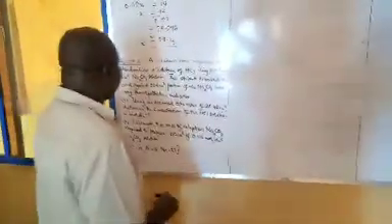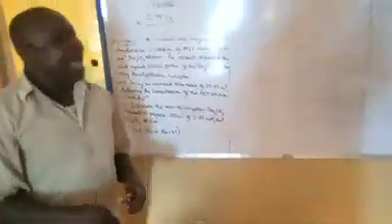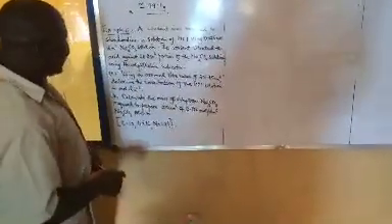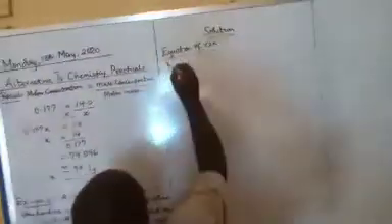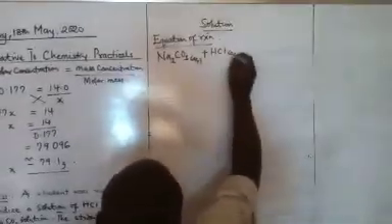So we need the ability to bring out the base and the acid that are reacting in the question. Here we have a base, Na2CO3, reacting with hydrochloric acid, HCl. So the equation of reaction: Na2CO3, a base in the aqueous state, reacting with HCl in the aqueous state.